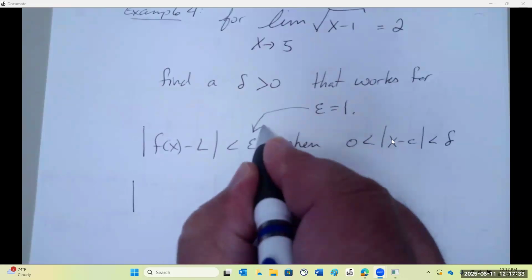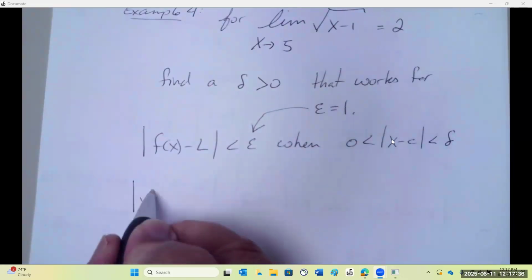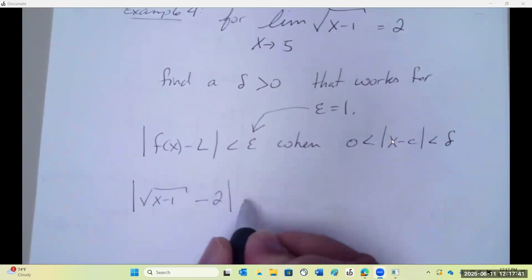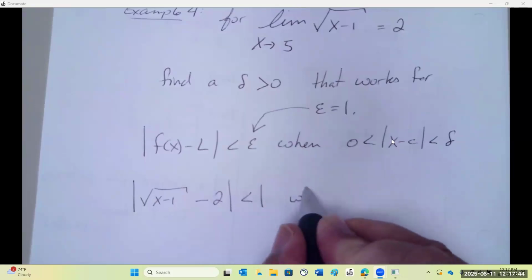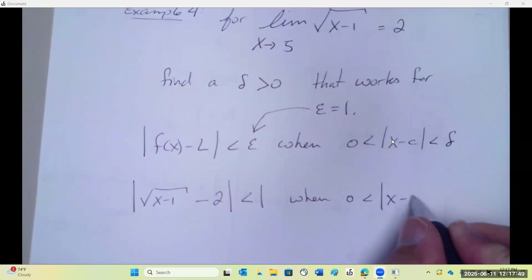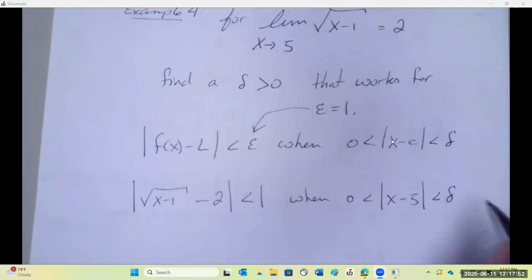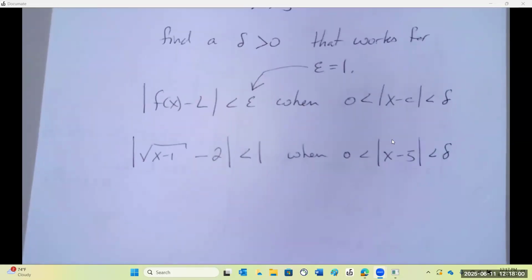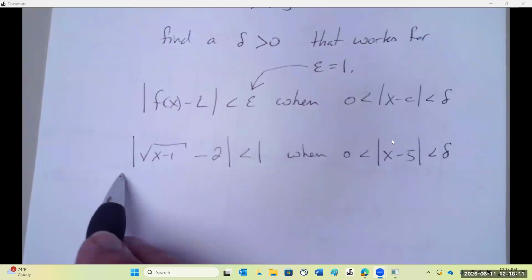So we want our epsilon to be 1. So we have |the square root of x minus 1, minus 2| is less than 1 when |x − 5| is less than delta. So the first step is we have to solve this side.